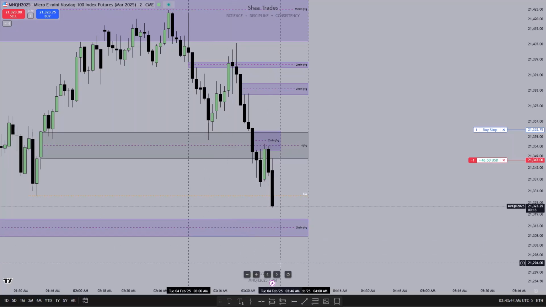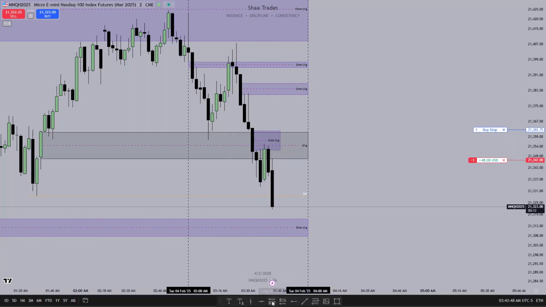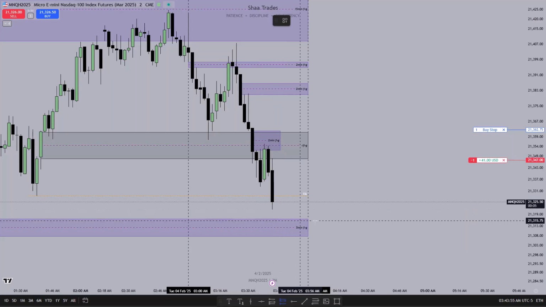I know I don't have a stop loss or take profit in, so let's just mark out a take profit, because we are below the midnight open, right? But we're targeting this here.